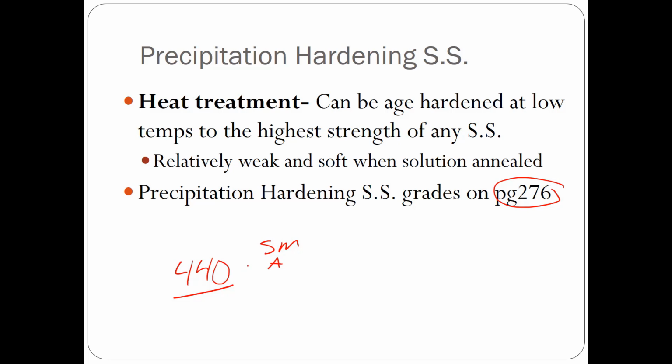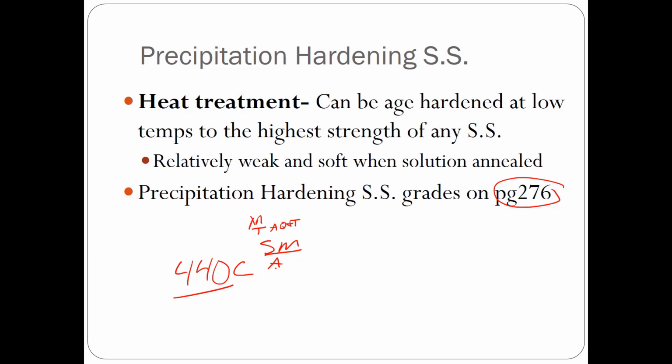But if you go back to page 268 and I said 440C, what group is that under? Well, we're going to find that on page 268 in the upper right hand corner. So we know that that one is a martensitic. And what is its strengthening mechanism? It's a transformation strengthening, meaning we can austenitize, quench, and temper.